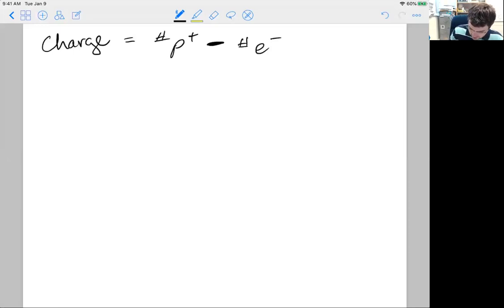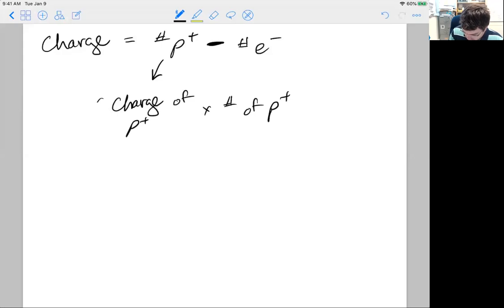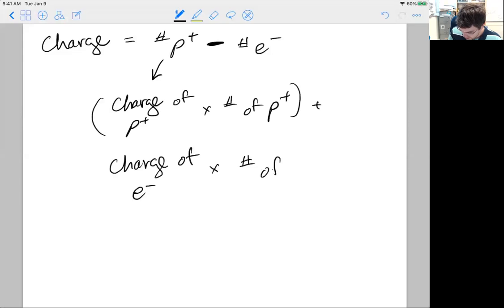But if you want to think more formally why this is the case, it's actually the charge of the proton times the number of protons plus the charge of the electron times the number of electrons. So we add those two things together and we get the overall atomic charge.